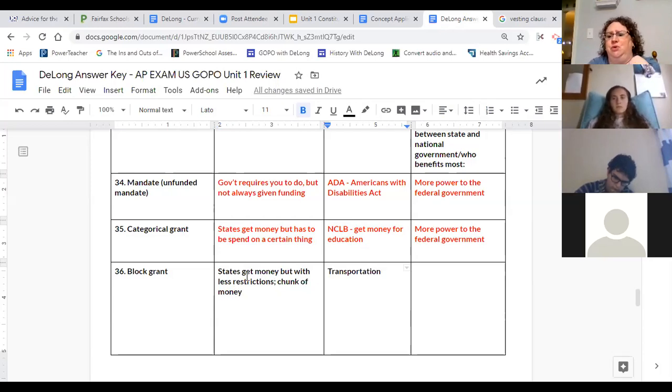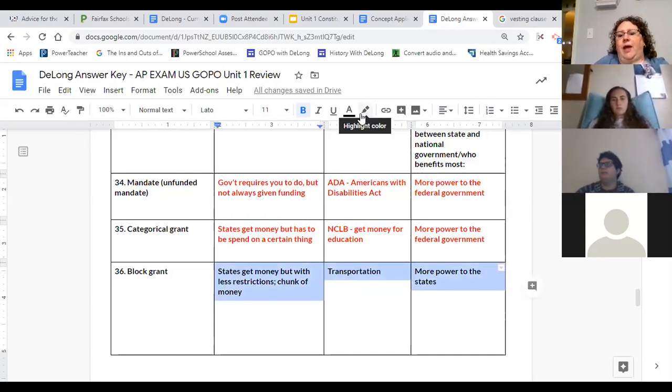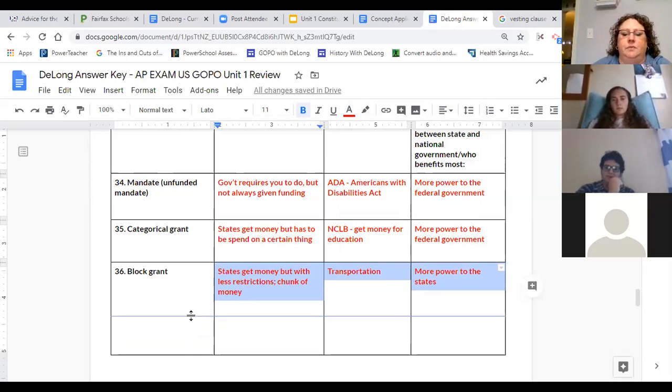Do you want to change your Amtrak or whatever kind of thing like that? So this is more power to the states. Okay, so as our country has progressed, our federal government has gotten bigger and bigger. And so the states have to get power wherever they can. So they love things like this that give them more power.